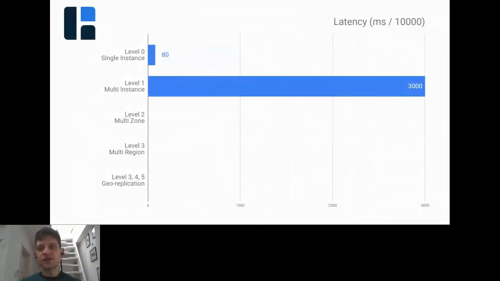We had about 3,000 milliseconds per 10,000 entries. The number looks very big compared to level 0. However, if you think about it, it's still under 1 millisecond. So usually it's acceptable. That is why in Hazelcast, by default, backups are created synchronously because we want to have this consistency inside the cluster.